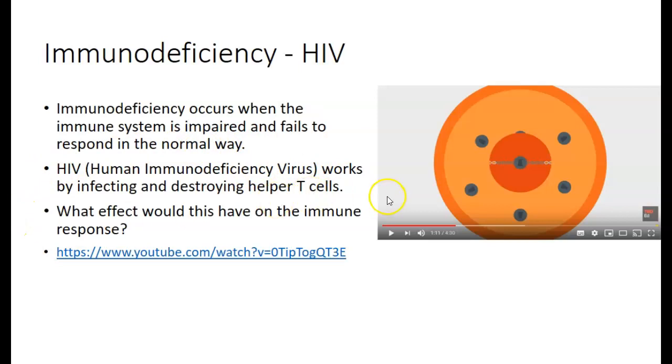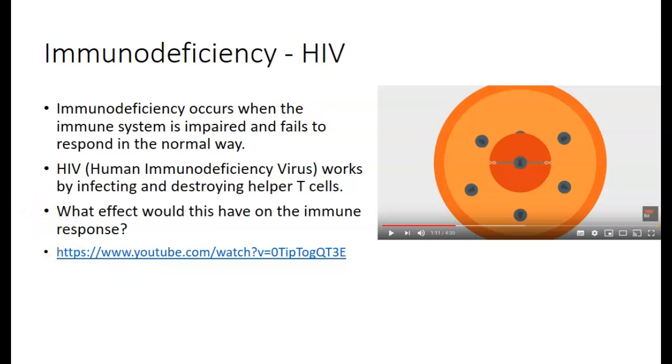This is quite a good video and will explain pretty well how HIV works with some good graphics. But HIV, the virus, is the precursor virus to AIDS, AIDS standing for acquired immunodeficiency. HIV leads to AIDS.